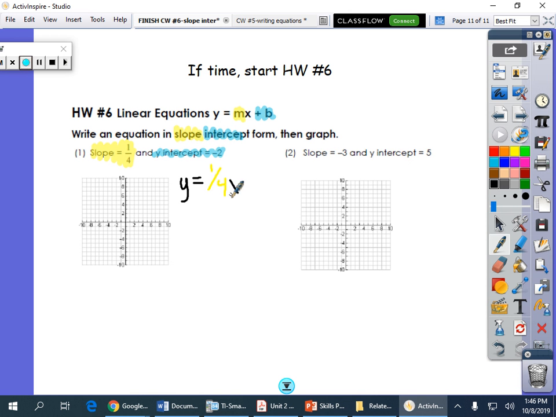And then x, and then I have to write my y-intercept, so my b will be minus 2. We're going to graph this. So I'm going to start down here at negative 2. And I'm going to go up 1, right 4, and up 1, right 4. Then I'll go down 1, right 4, and down 1, right 4.